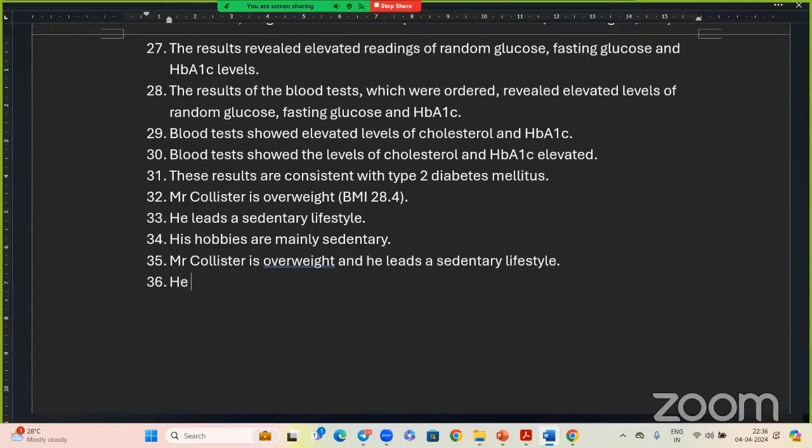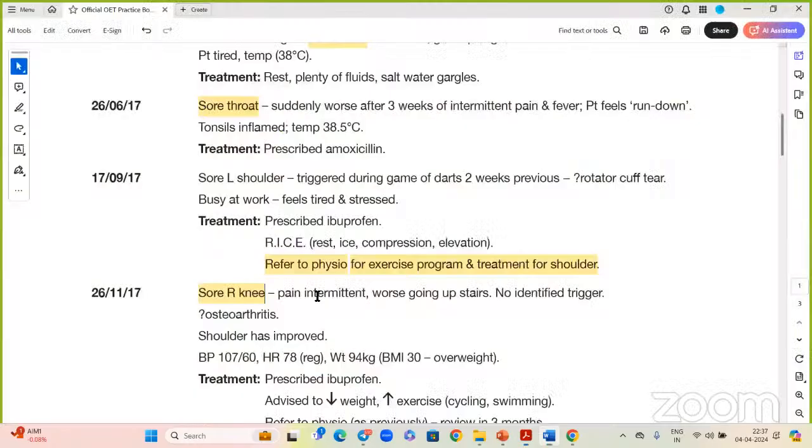He has been seeing a physiotherapist. For what? For exercise program and treatment.